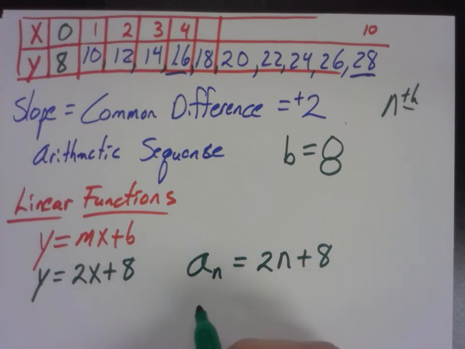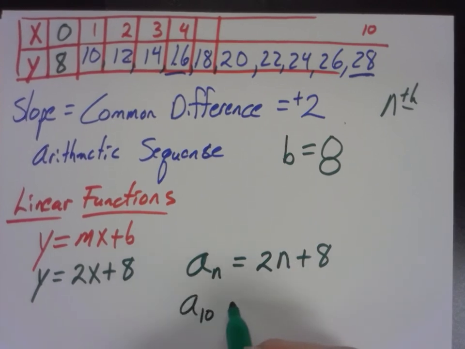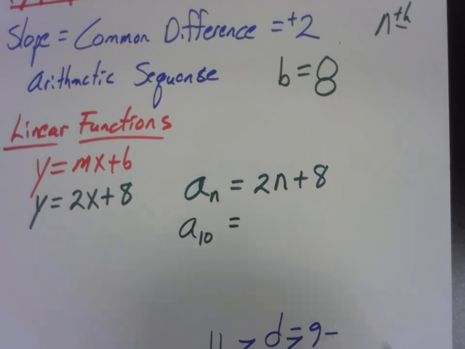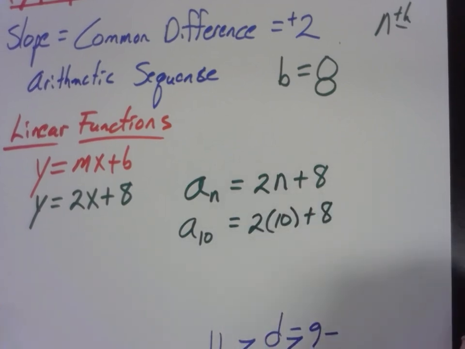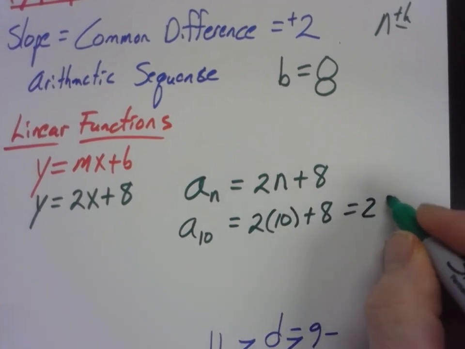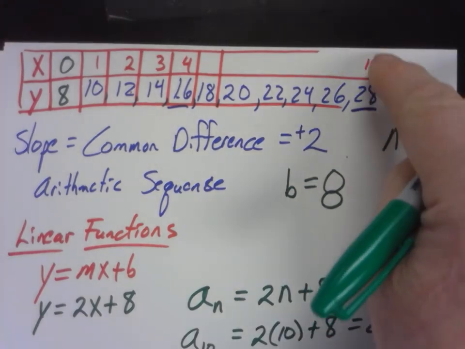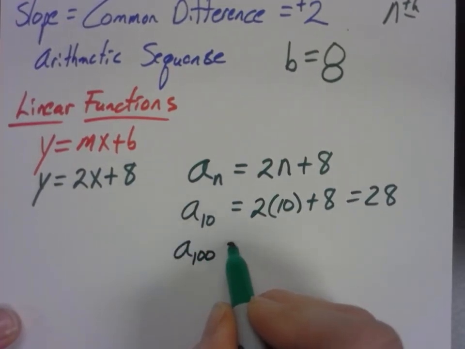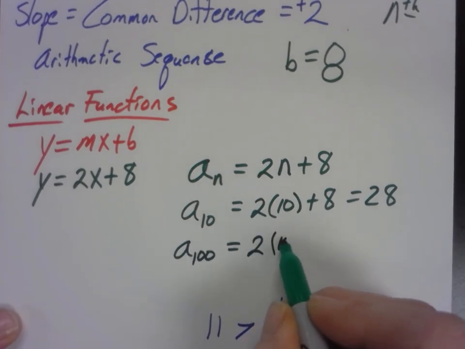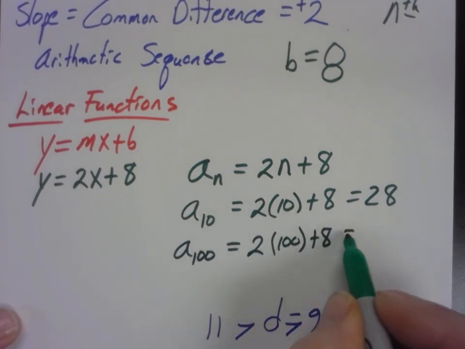So if I want a sub 10, can we do it? Yeah. 2 times 10 plus 8? 28, right? Okay. What if I want a sub 100? Can we do it?